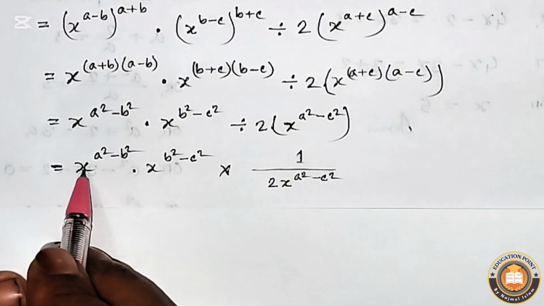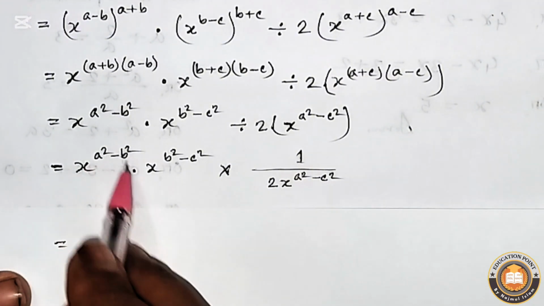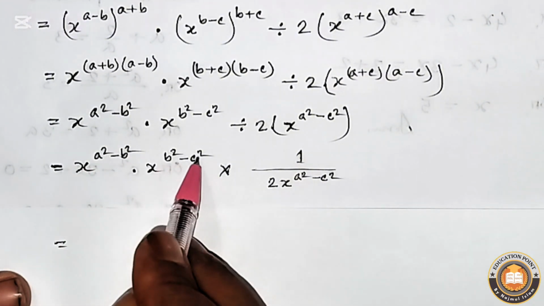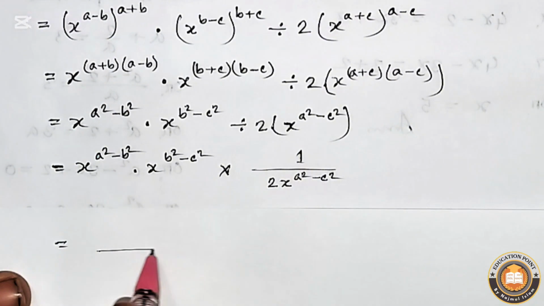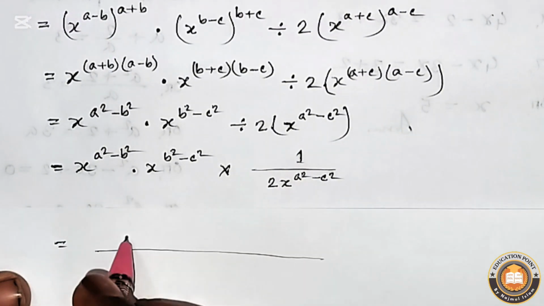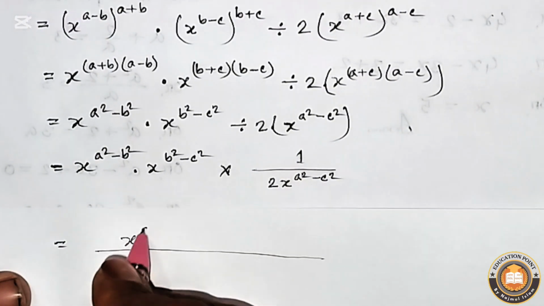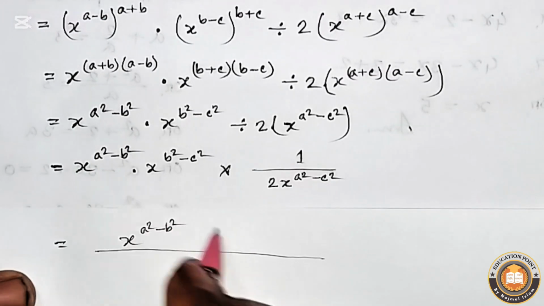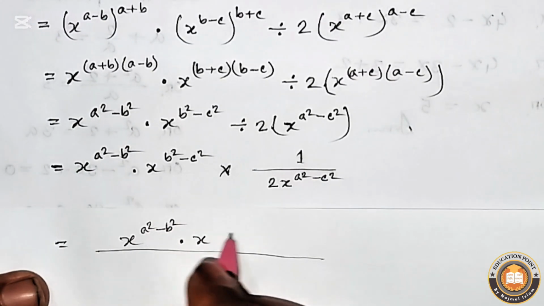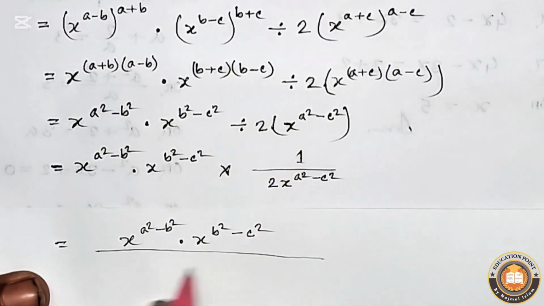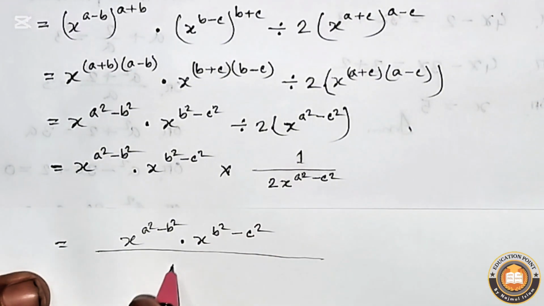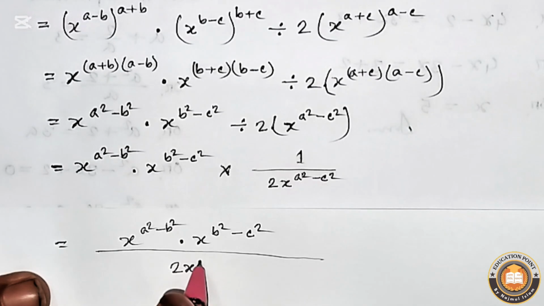Equal here x to the power a square minus b square into x to the power b square minus c square multiplied with 1 by 2 into x to the power a square minus c square. So we can write x to the power a square minus b square into x to the power b square minus c square divided by 2 into x to the power a square minus c square.